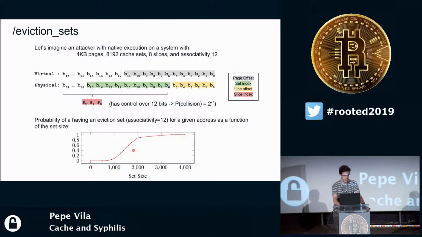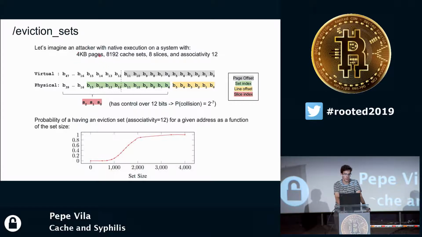Let's imagine an attacker with an 8-slice cache, 1,024 sets, and this means associativity of 12.